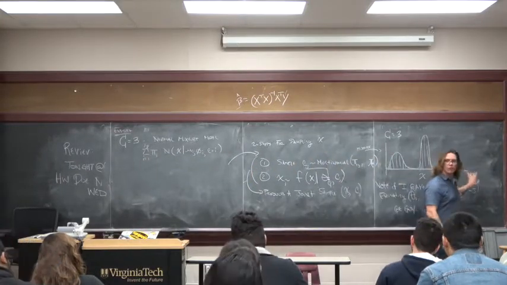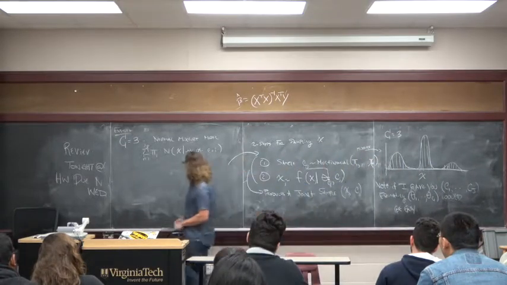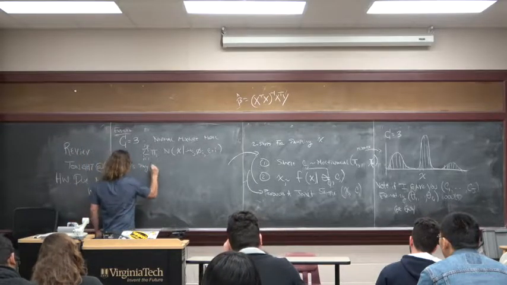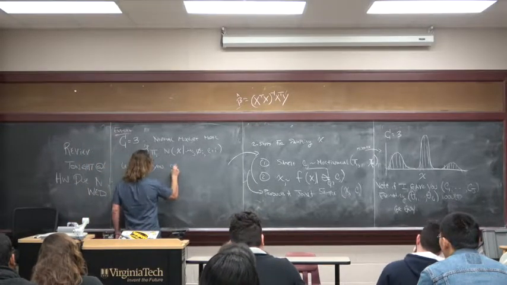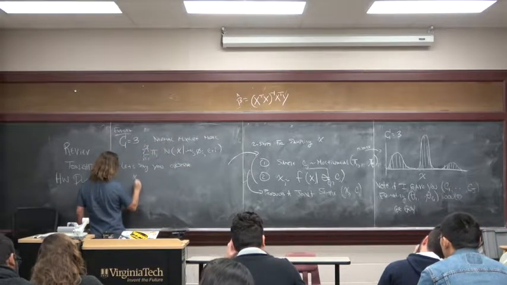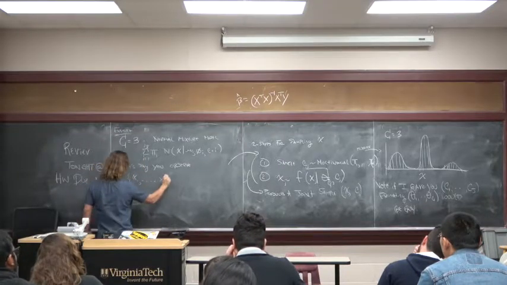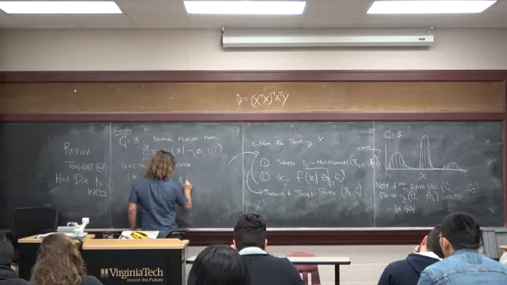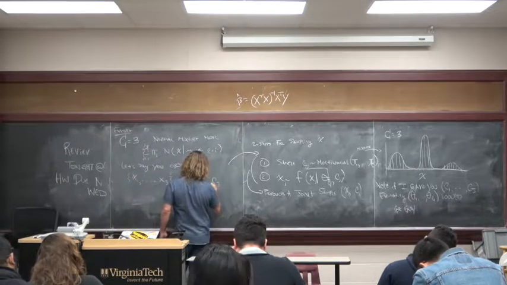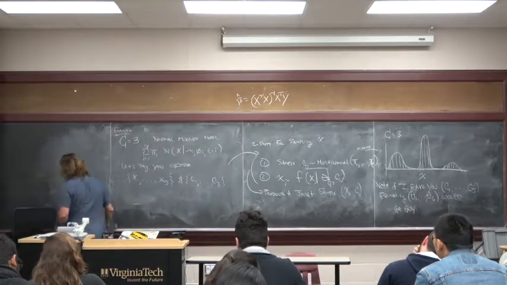Let's imagine my draws look like this, right here. And let's say I gave you the c's. You observe x_1 to x cap J and c_1 to c cap J. Let me just ask you the question.